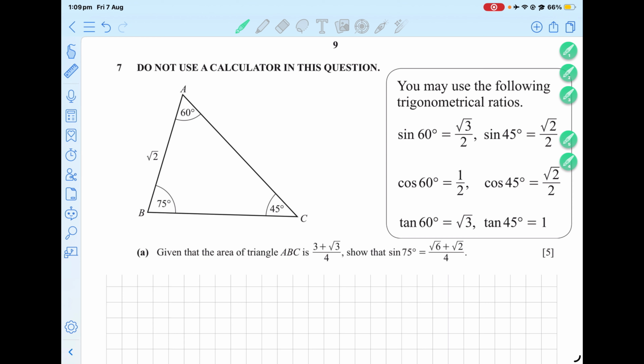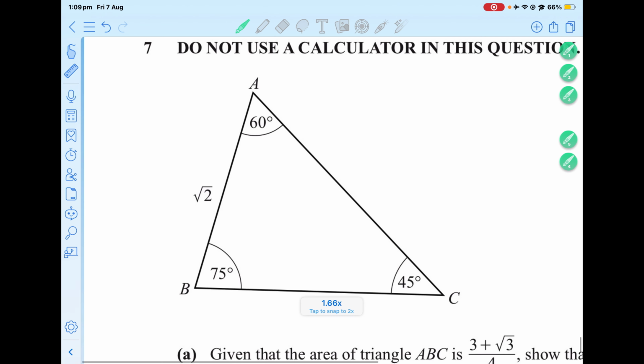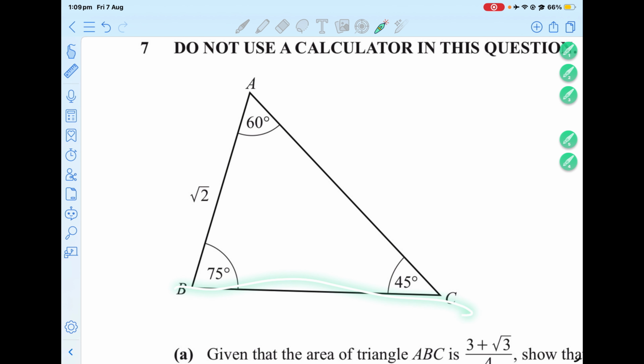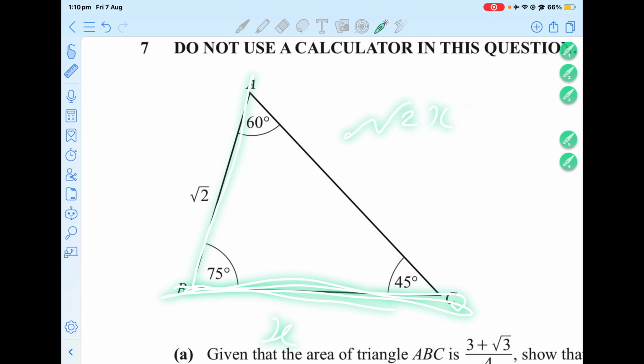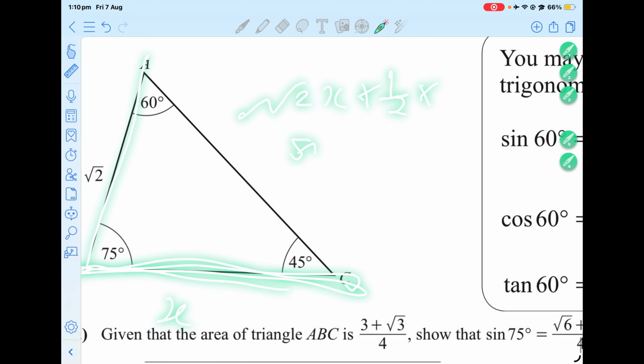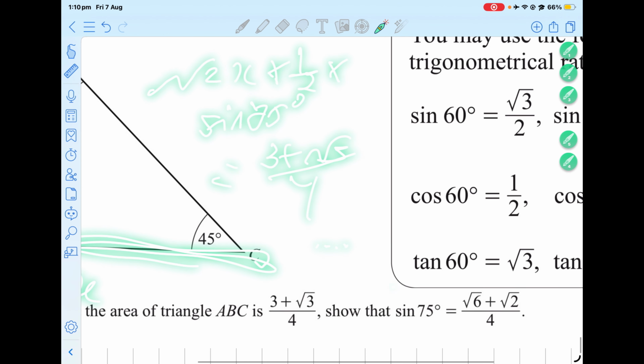My plan is to find this one through sine rule and then use the area of a triangle. So you call this x, so it's root 2 x times half times sine 75 equals 3 plus root 3 over 4, and then we can solve to get that sine 75 is this.